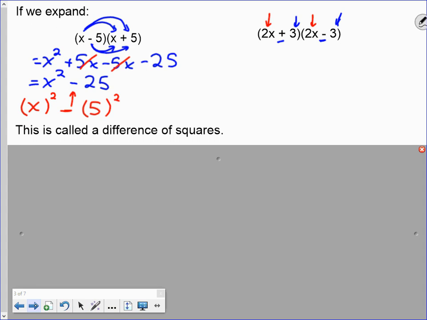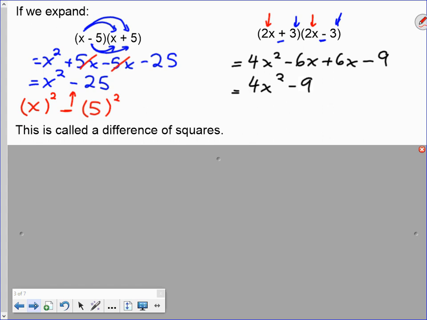If we were to expand this one, 2x times 2x gives us 4x squared. 2x times negative 3 is negative 6x. 3 times 2x gives us positive 6x. And 3 times negative 3 gives us negative 9. Then when we collect our like terms, again, we have 4x squared, and the negative 6x and the positive 6x cancel. 4x squared minus 9.